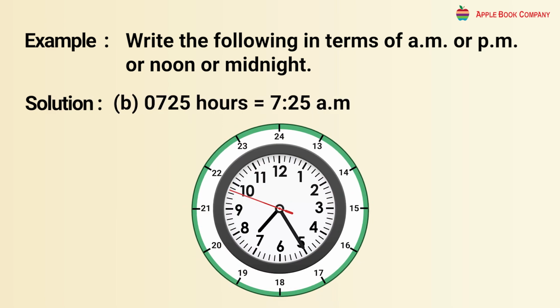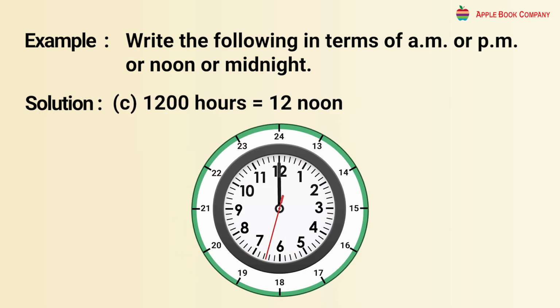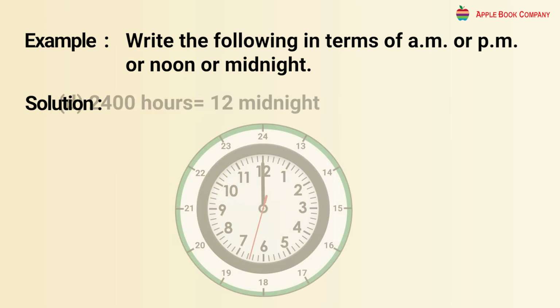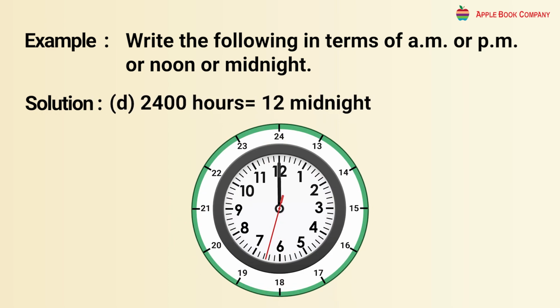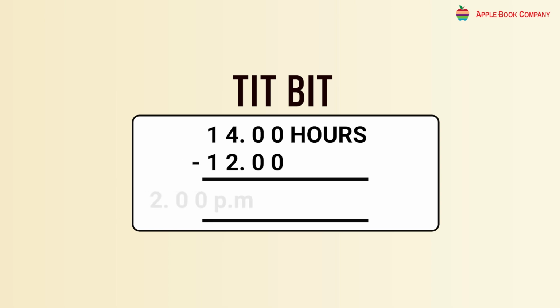B) 0725 hours equals 7:25 AM. C) 1200 hours equals 12 noon. D) 2400 hours equals 12 midnight. Tidbit: in 1400 hours, we subtract 12 from 14, hence we get 2 PM.